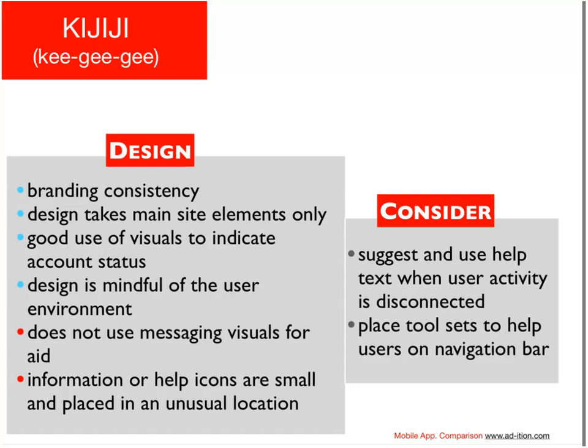We talk a lot as we go through this webinar and do our comparisons about that navigational toolbar and how extremely important it is for users, one, so they can find the content sets that they're looking for, and two, so they can limit the amount of clicks they have to take to get to information. That navigational content bar is so important. And here in the Kijiji case, the design layout forced them to put the help text or help icon up at the top, making it really hard to find. So not a good thing.